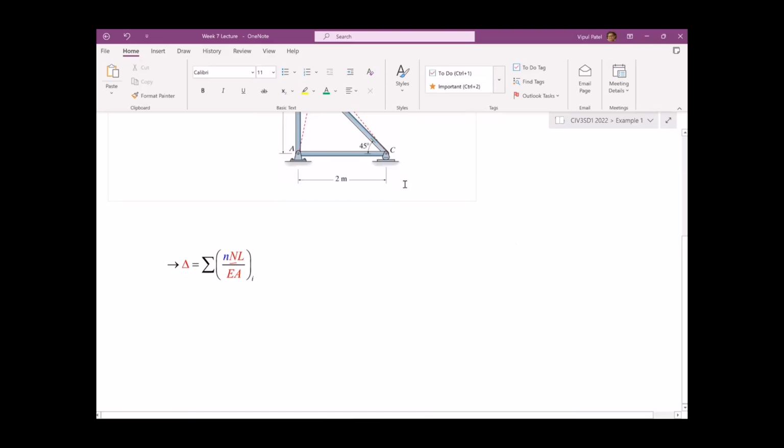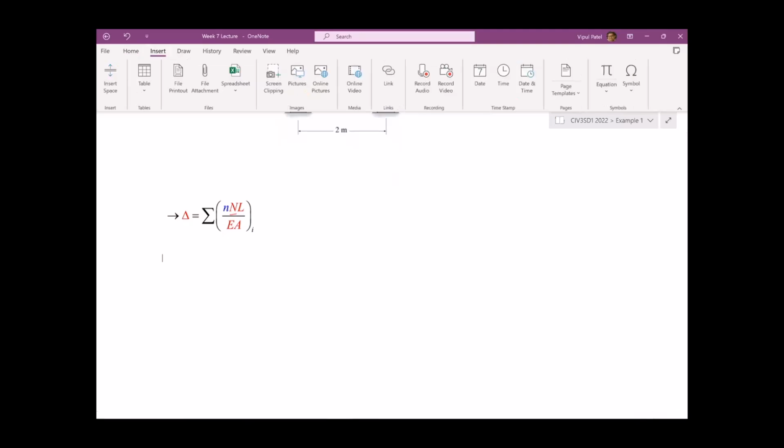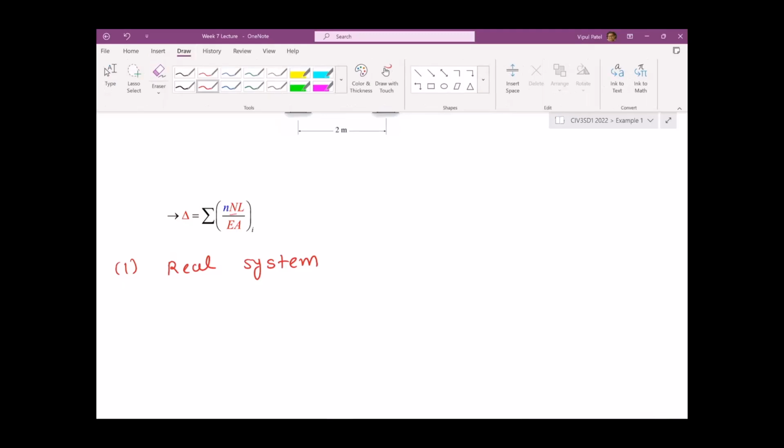So what we're going to do is create the virtual system and the real system. Let's do the real system first. So number one, let's draw the real system. I will explain these equations as well.